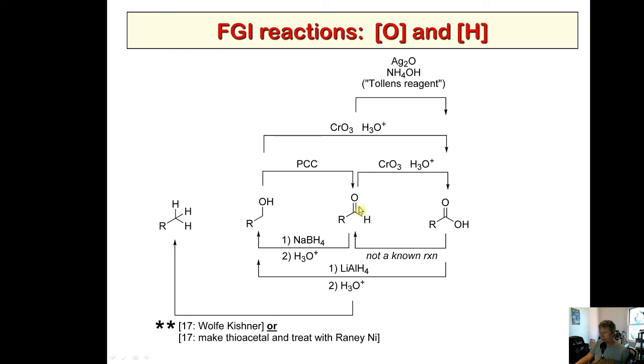And then we also have this kind of weird reduction method where you have an aldehyde, or also ketones, that reduces off the oxygen altogether and makes an alkane. So the Wolff-Kishner reaction, remember that? That's a good 2-star one.